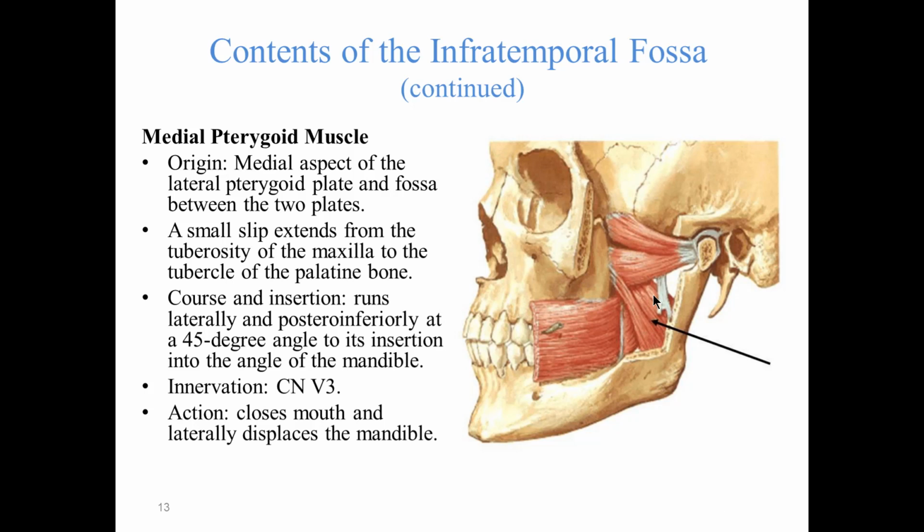The fibers of medial pterygoid descend posterolaterally and are attached by a strong tendinous lamina to the medial surface of the ramus of the mandible near the angle of the mandible. This muscle is also a masticatory muscle innervated by the mandibular nerve, and the contraction of the fibers of this muscle closes the mouth.